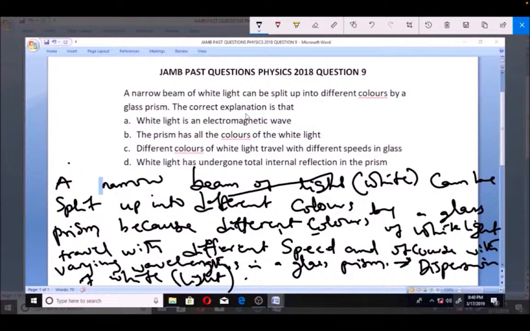This happens because the different colors in white light travel with different speeds and varying wavelengths. So the answer from the options is option C, different colors of white light travel with different speeds in glass. That is the answer, and it is known as dispersion of white light. Thank you.